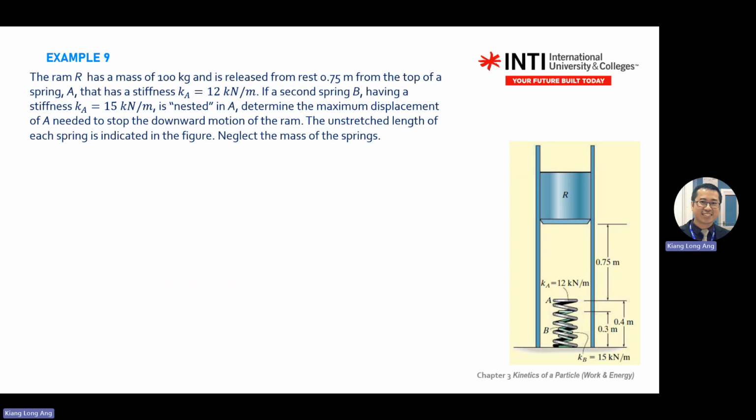Sorry, this one should be B. Typo error. The stiffness k for B is 15 kilonewton per meter. Typo error over here. Determine the maximum displacement of A needed to stop the downward motion of the ramp.